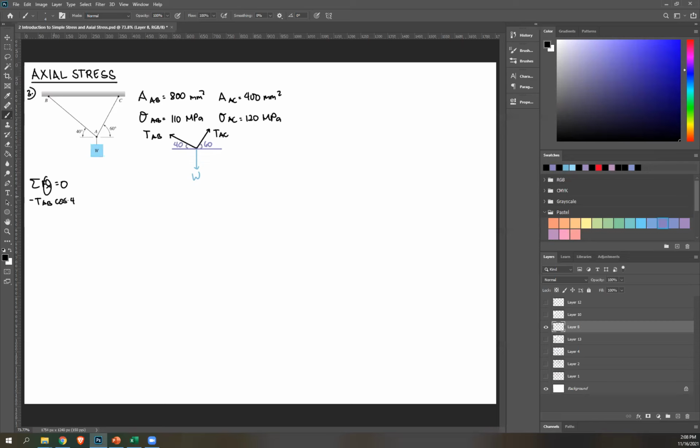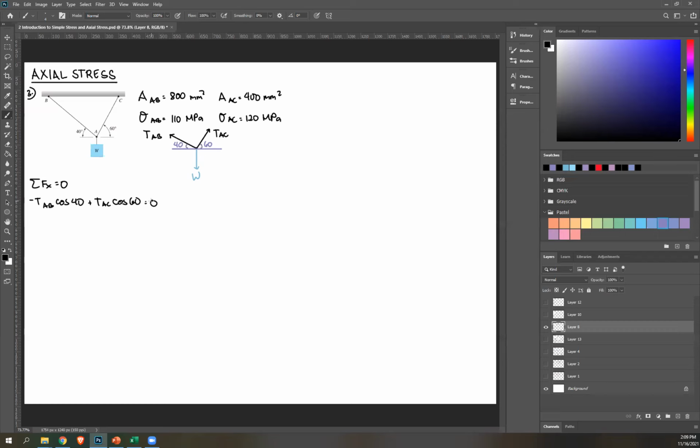This is horizontal, so cosine. Next, PAC to the right, so positive PAC, cosine 60. There's no other horizontal force, so equate that to 0.